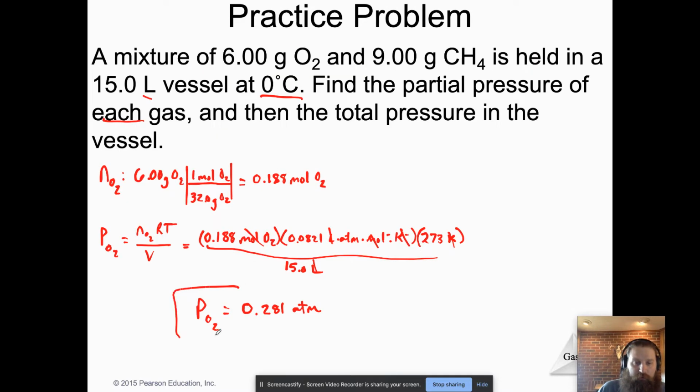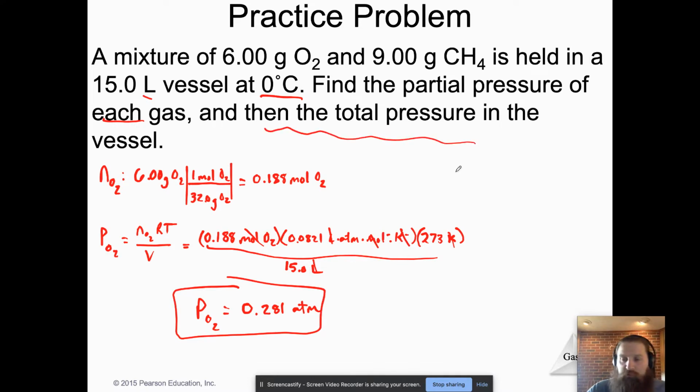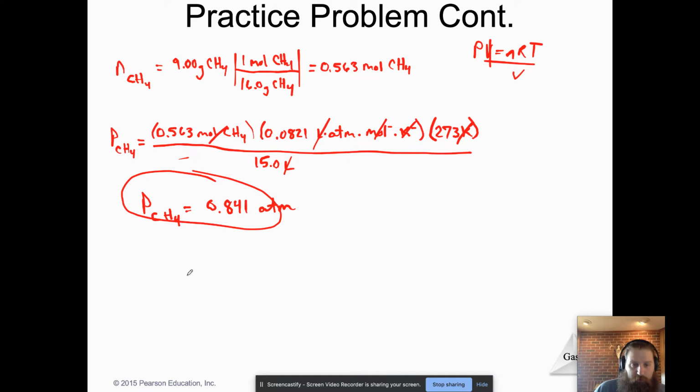So that's the partial pressure of CH4. This is the partial pressure of O2. It also asked me to find the total pressure. Well, the total pressure is a function of Dalton's law of partial pressures, which just says add them together. So the total pressure, P sub T, is equal to the sum of P1, P2, P3, and so on and so forth.